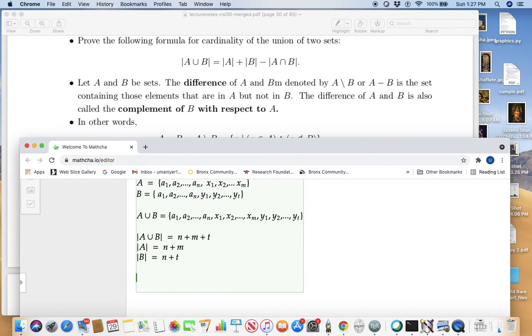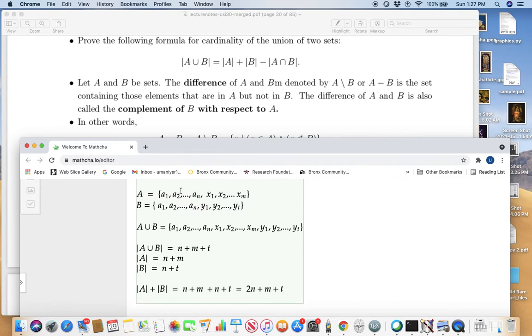Notice if I add the cardinalities of A and B, then what do I get? n plus m plus n plus t, which gives 2n plus m plus t.